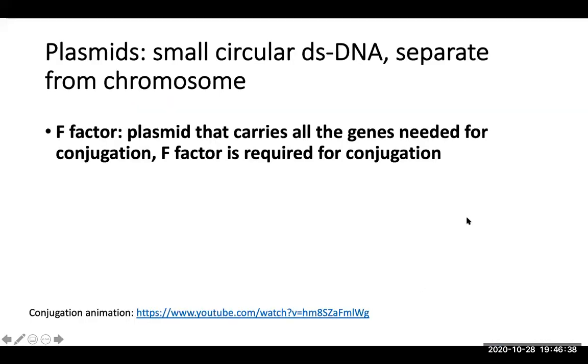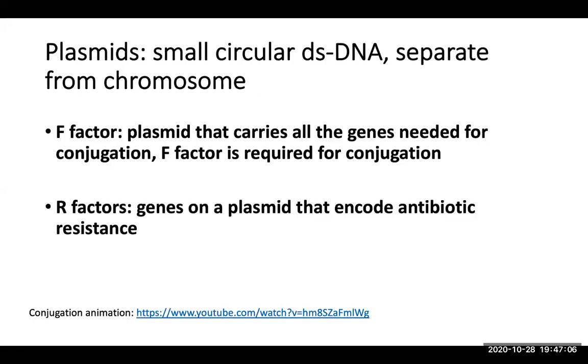I already said this in the video, but the F factor are the genes that are needed for conjugation to be able to occur. So being able to make that mating bridge, being able to make the pilus, copying the plasmid, everything that's needed is called the F factor, and it can contain other genes, or there can be additional plasmids.